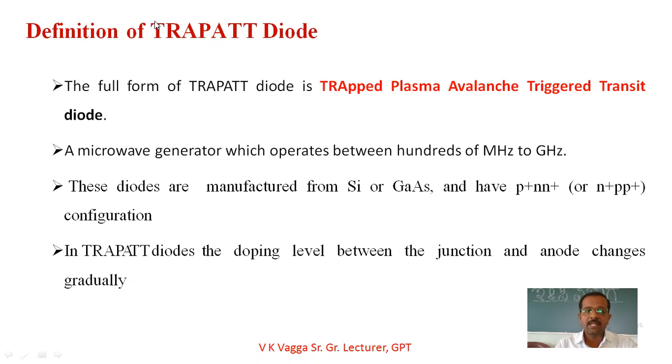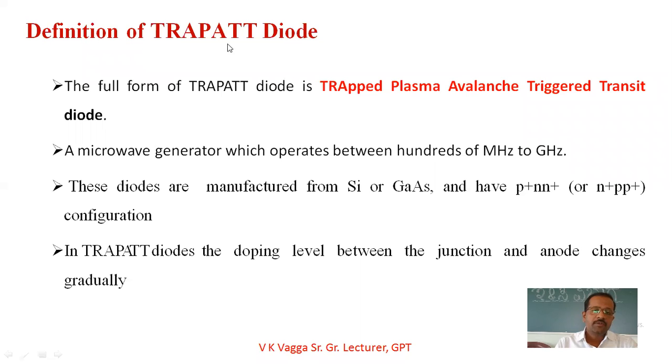But in this case, the first three letters, TRA, stand for trapped, P indicates plasma, A indicates avalanche, the first T indicates triggered, and the second T indicates transient. This is the full form of TRAPATT.